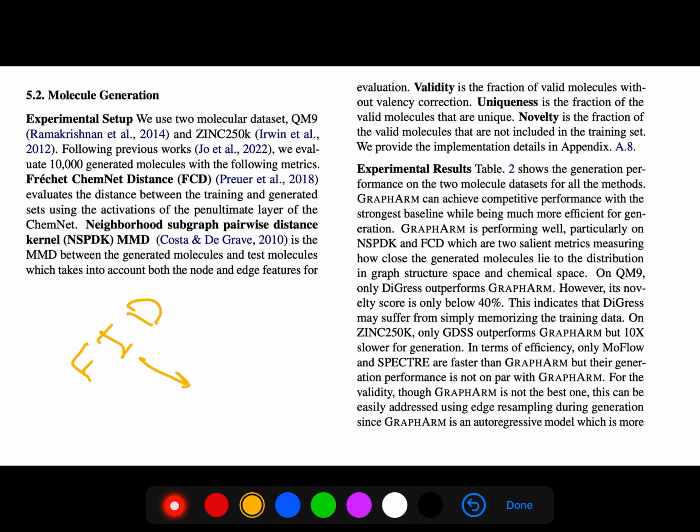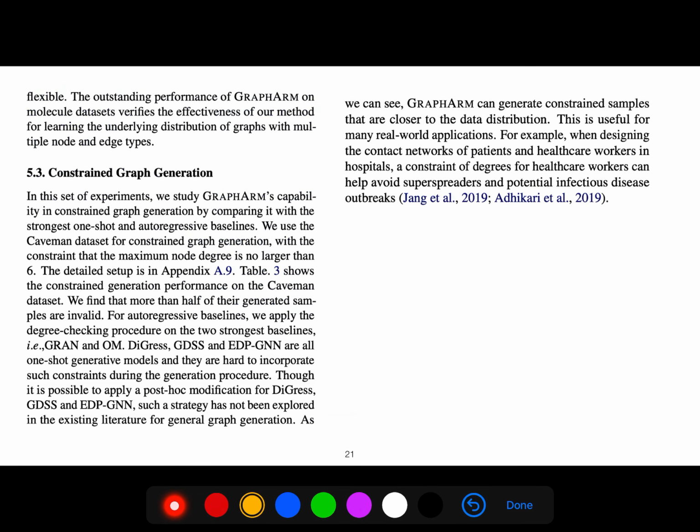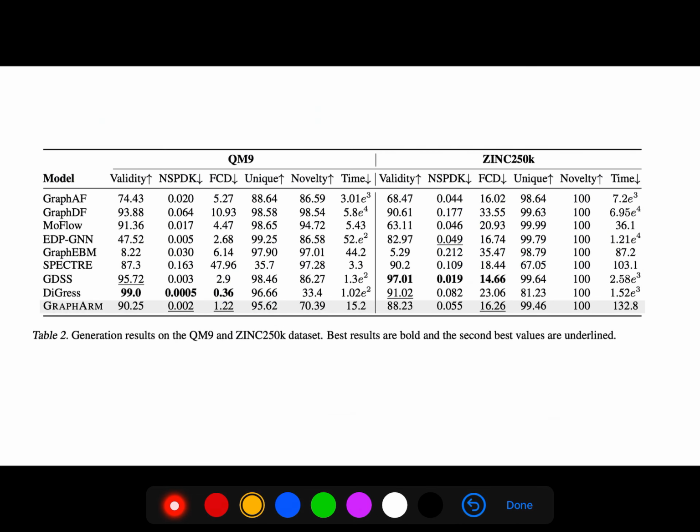But for graphs, this becomes the Fréchet ChemNet Distance. So this FCD, Fréchet ChemNet Distance, should be low, because all distances should be low. The lower, the better. That's why we use this mark.